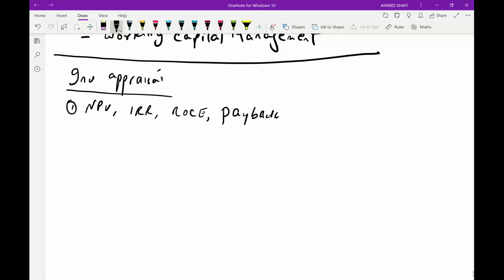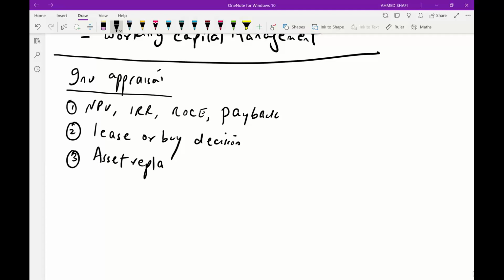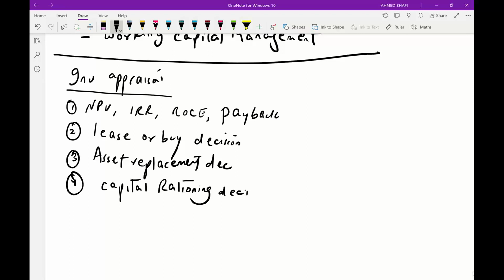You can be asked to find NPV, IRR, ROS, and payback. Then you can be asked to undergo a lease or buy decision, an asset replacement decision, and a capital rationing decision. Okay, this is the whole investment appraisal of your syllabus.